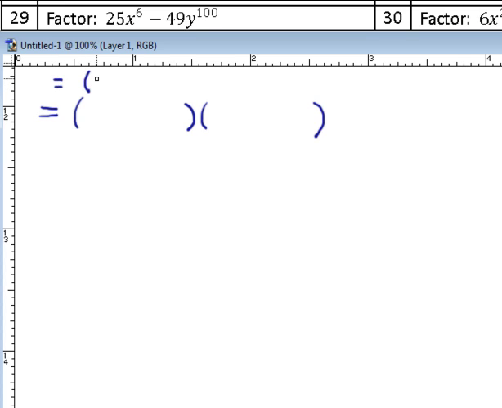Okay, let's do that over here. So 25, that's 5 squared, and the square root of x to the 6 is x cubed. Just take half of that exponent. Half of 6 is 3. So that first term is 5x cubed, and the second term, well, the square root of 49 is 7, and the square root of y to the 100, take half the exponent, that's y to the 50th. So now it's squared.